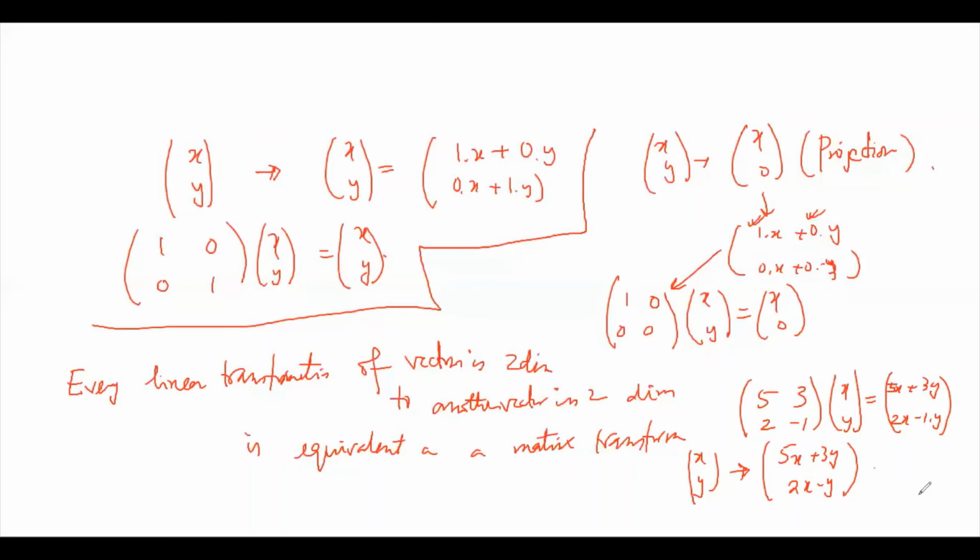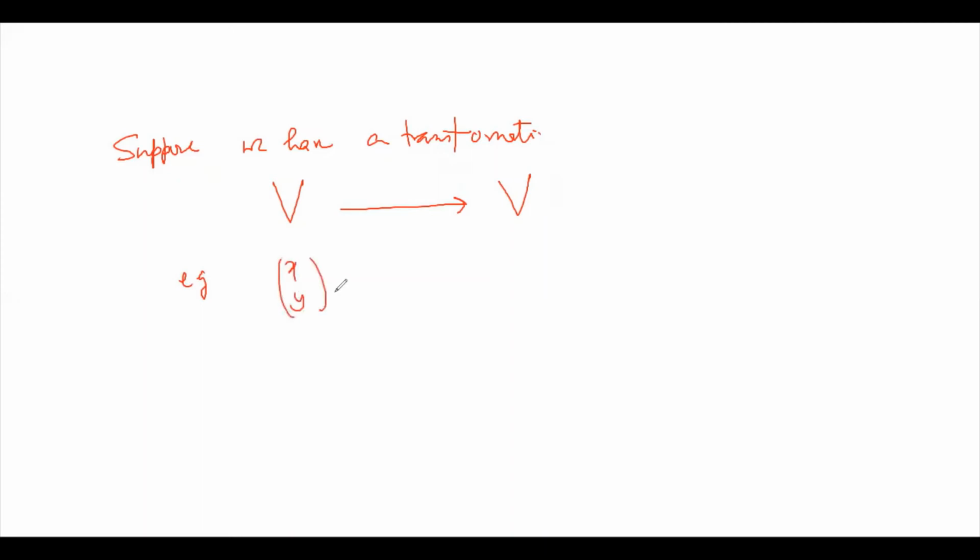Okay, so now we are about to talk about matrix multiplication. Let's see how it happens. So suppose we have a transformation, on vectors in V, going from V to V. Example, again, xy goes to x plus y, y.